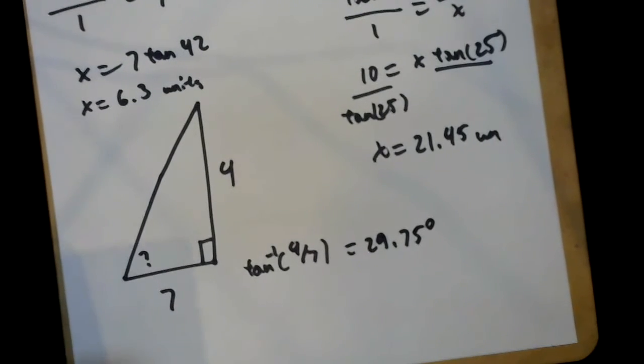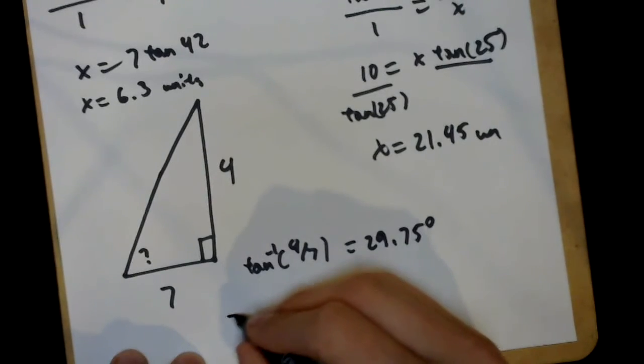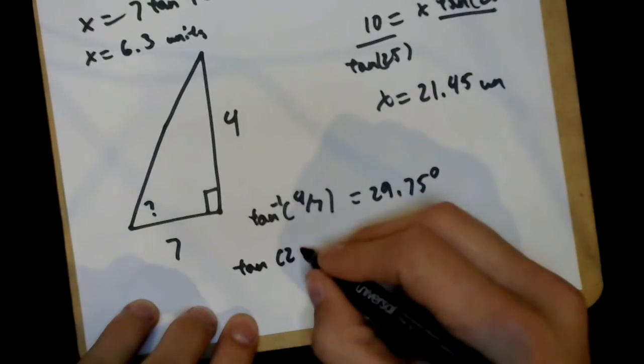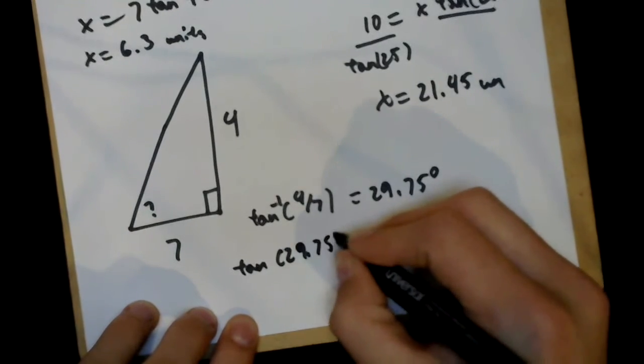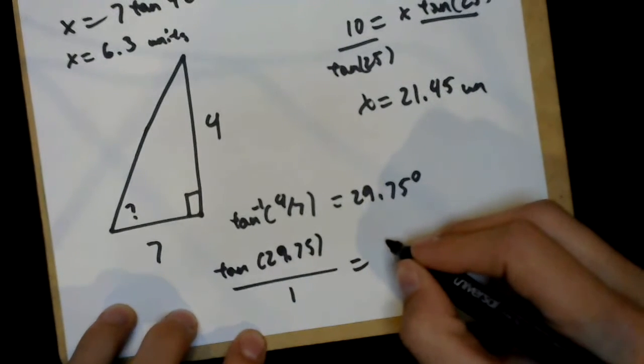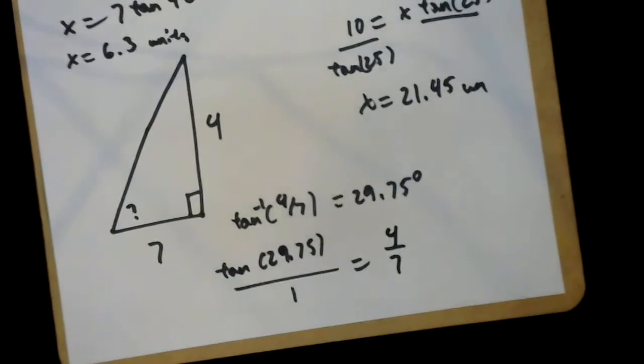If you want to check that, you can, of course, say tangent of 29.75 over 1 equals 4 divided by 7.